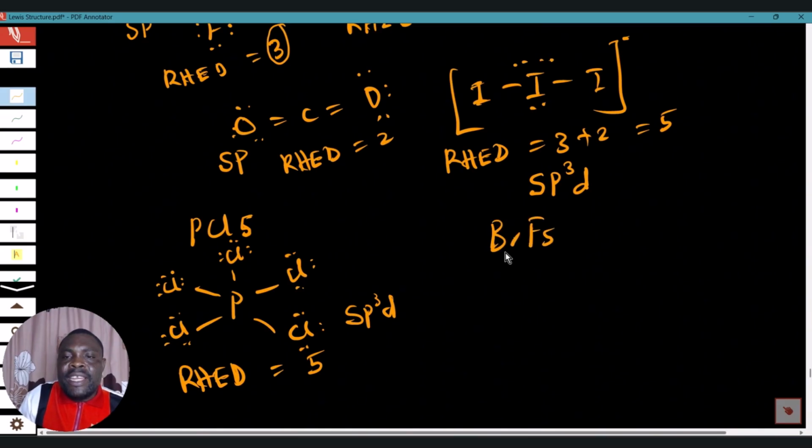Now let's look at BrF5. Now this BrF5 has 42 electrons. So we have bromine as the central atom. So we complete the octet structure of the fluorine.